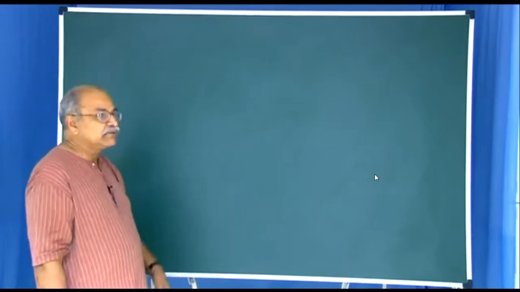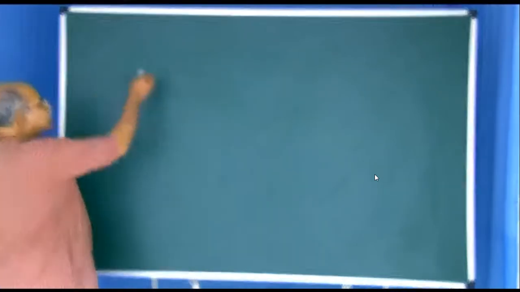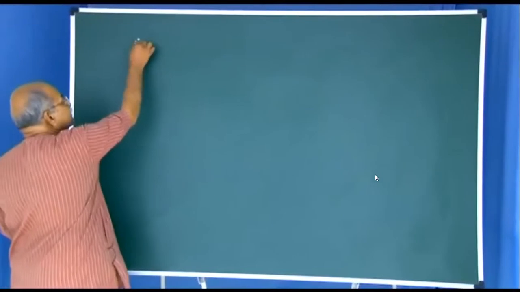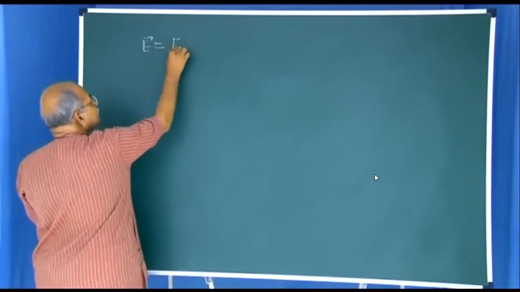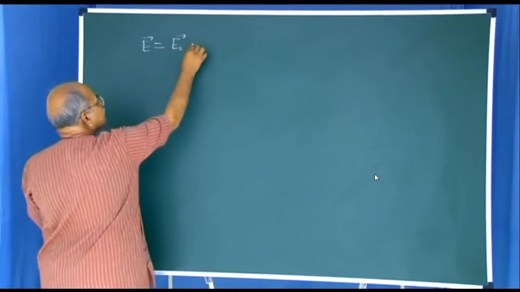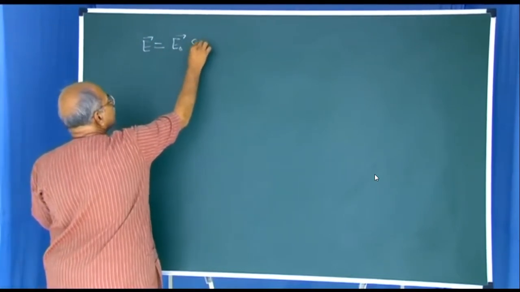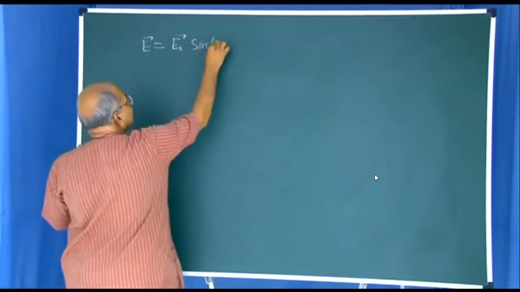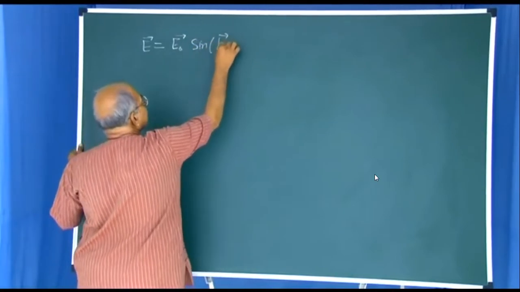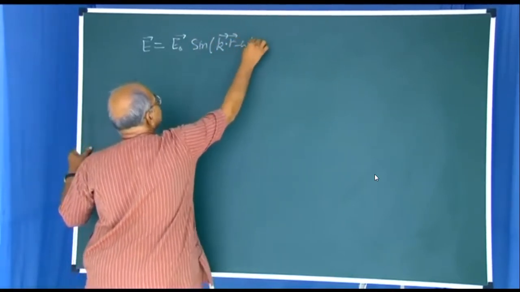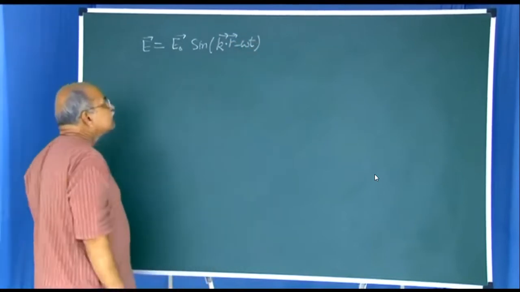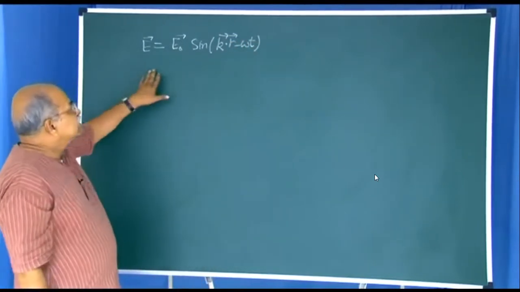And if you write an equation for that, electric field you can write as E equals some E naught in some direction, and then sine or cosine of K dot R minus omega t. And what are all these things?